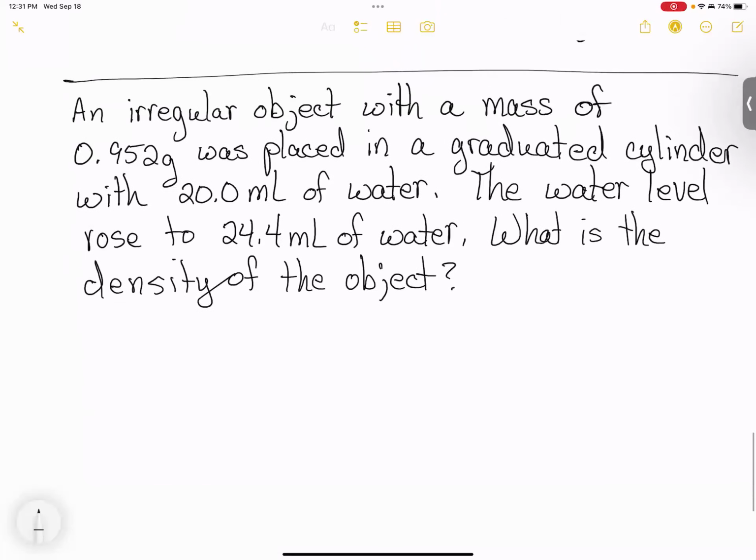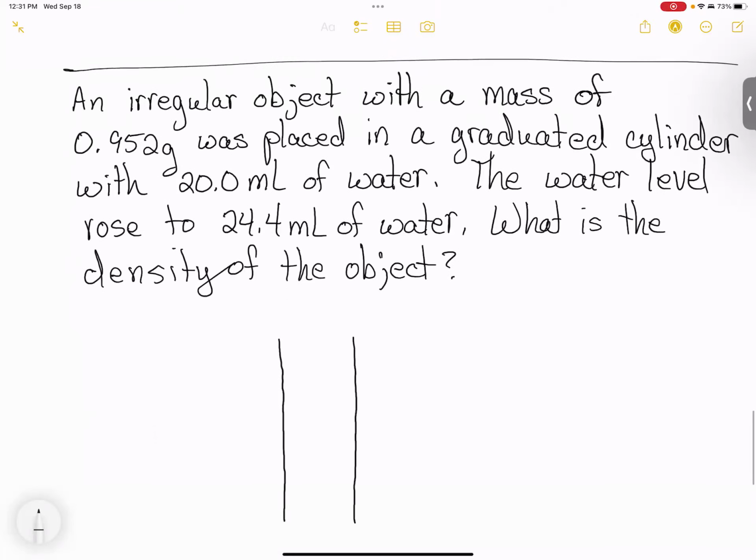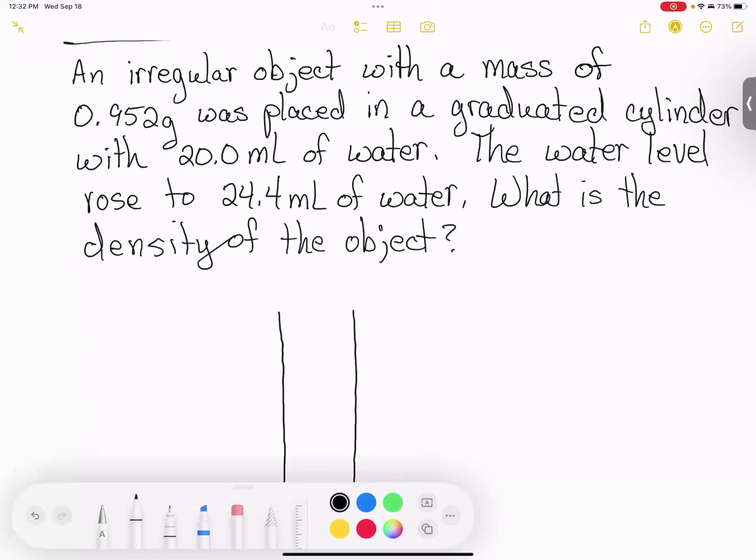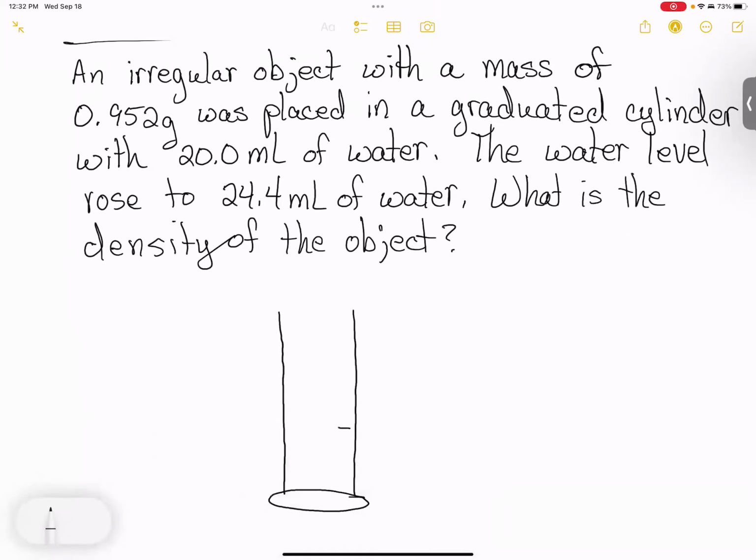Okay. So I mentioned the fact that with an irregular object, we do it through submersion. In this particular case, what this is describing is we have what is known as a graduated cylinder. In this graduated cylinder was 20.0 milliliters of water.